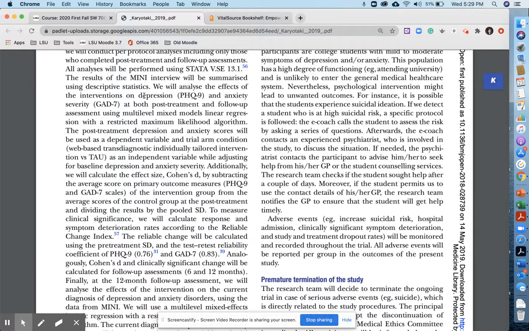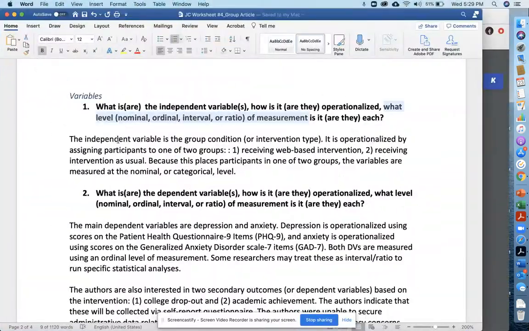And so the way that I word this here is that the independent variable is the group condition or the intervention type. It's operationalized by assigning groups to one of the two groups.